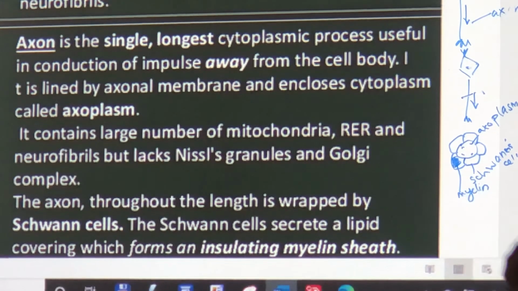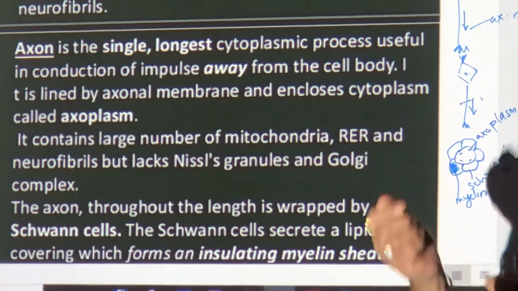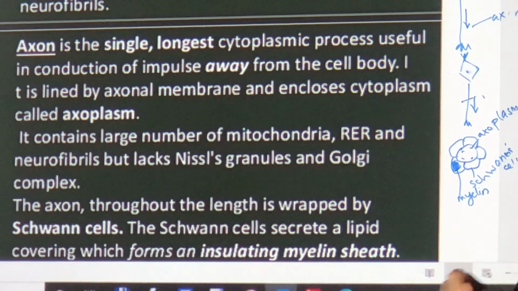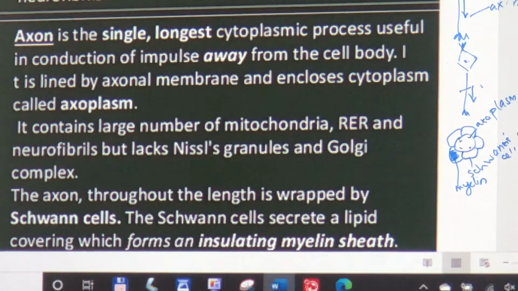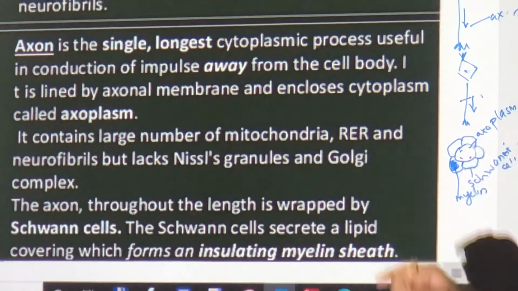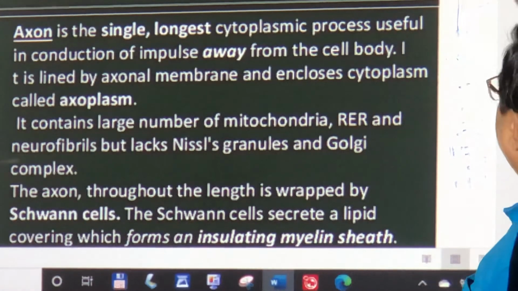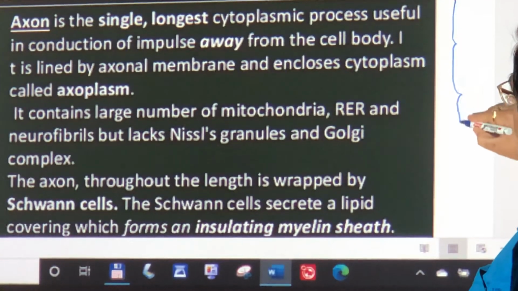I have to show my neighbor current has come. Either I will pass the wire, he will pull the wire, put a bulb and see, or I will touch the wire to a wet wall and tell him to touch the wall. Which you think is the fastest? Of course, the wet wall. The body leaks outside the body. This is the axon.